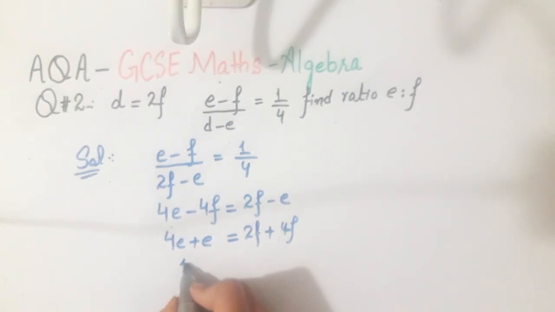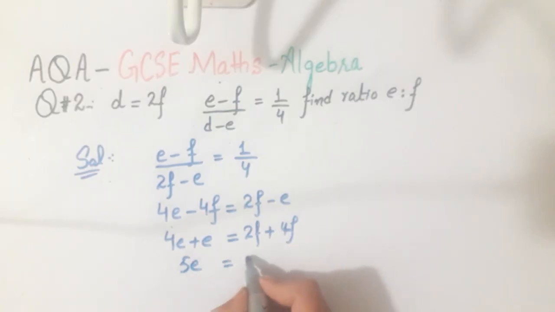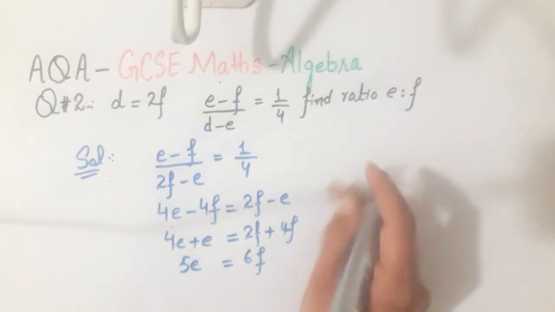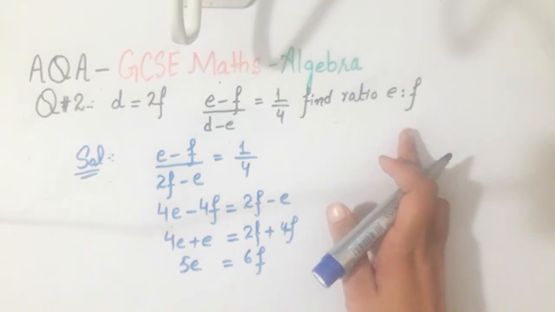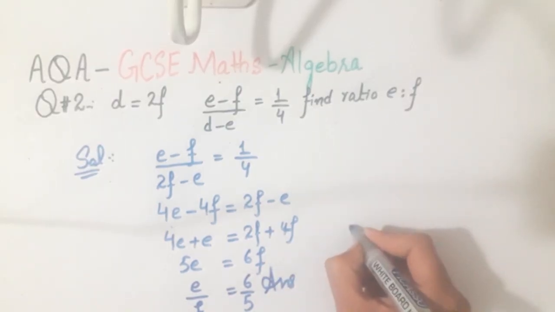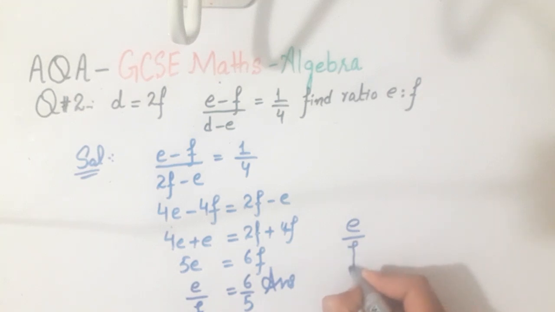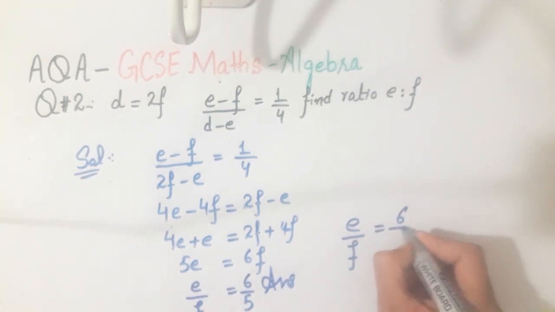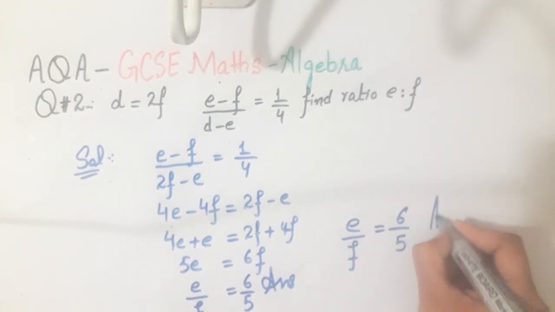So we get 5e equals 6f. Now we have to find the ratio of e to f, that means e divided by f, and 6 divided by 5. So the final answer is e by f equals 6 by 5.